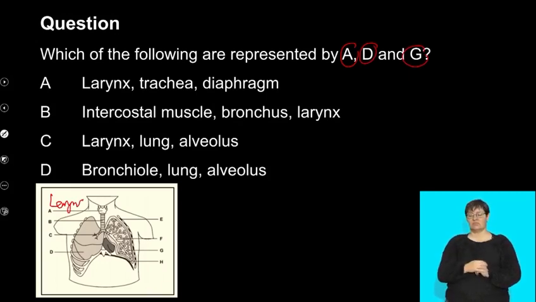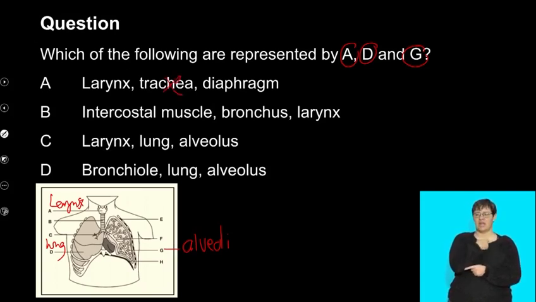We've got time, so we can label each one. Number D is going to be a lung, and number G is going to be an alveoli. Now we are going to look and see which of those is going to match. So I've got a larynx, a trachea, and a diaphragm.